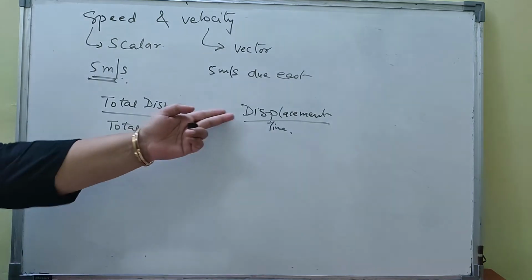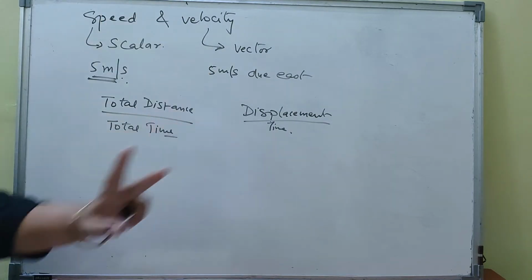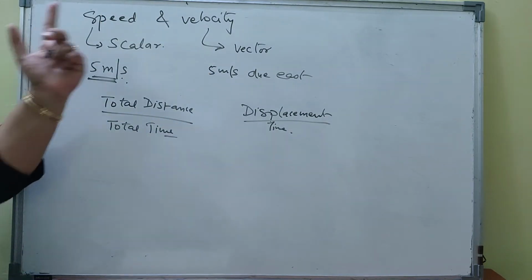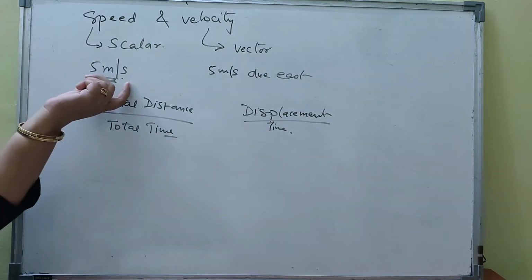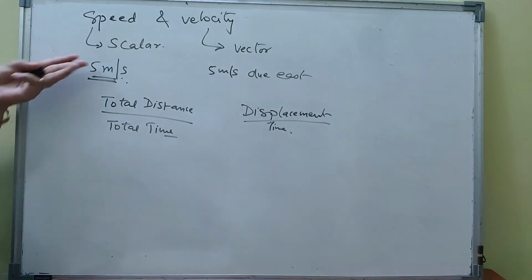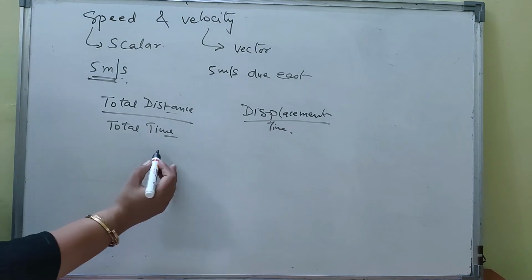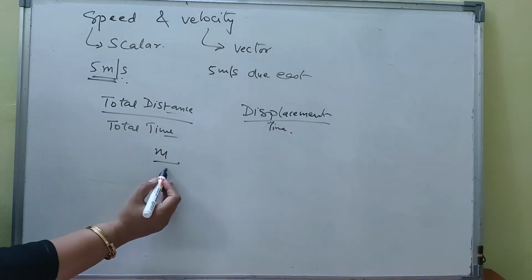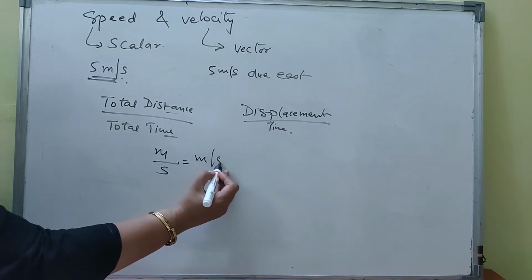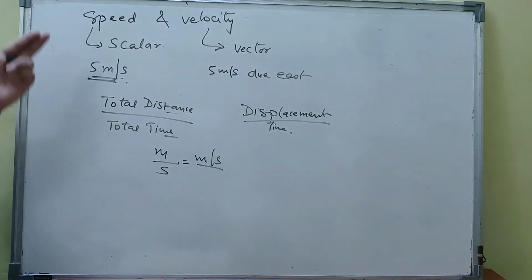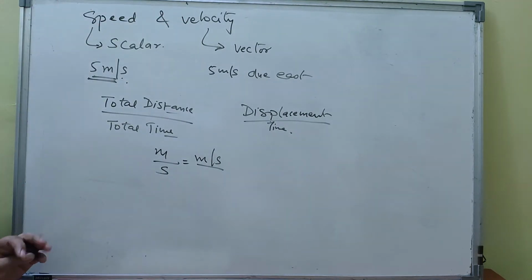So if your displacement is zero or negative, your velocity can be zero or negative. The unit for both speed and velocity is the same, it is meter per second. How did we get this unit? Say distance is measured in meters and time is in seconds, so the unit comes out to be meter per second. This is the SI unit for speed and velocity both.